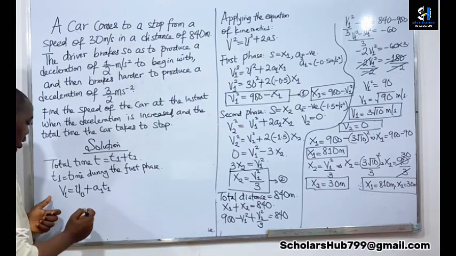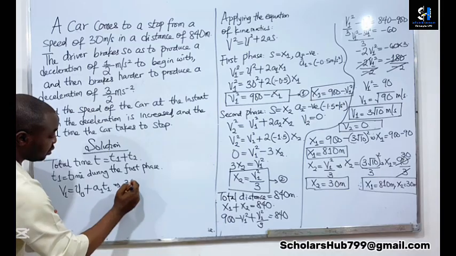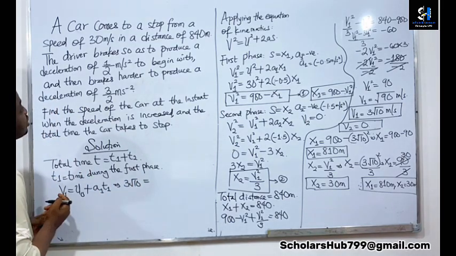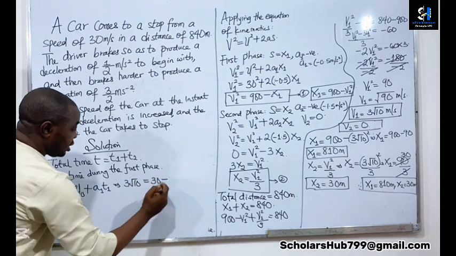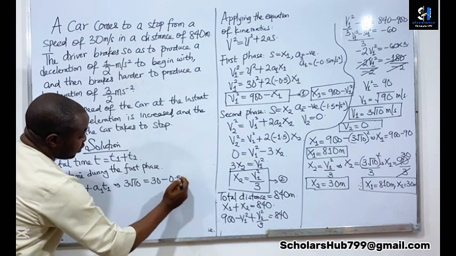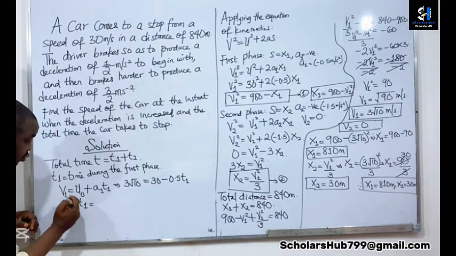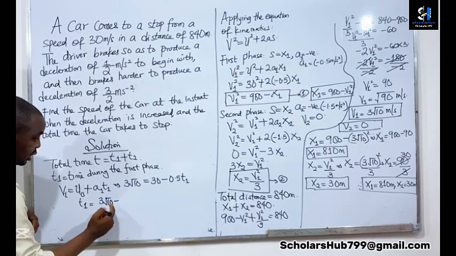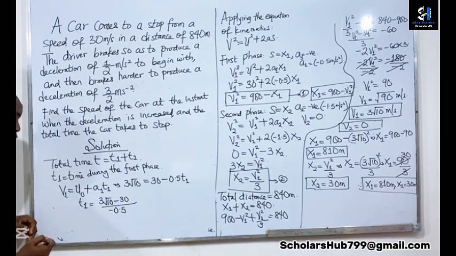So we can say that v1 is 3 root 10, and the initial velocity is 30, then minus the first deceleration, which is 0.5, multiplied by t1. So t1 will be equal to 3 root 10 minus 30 divided by minus 0.5.